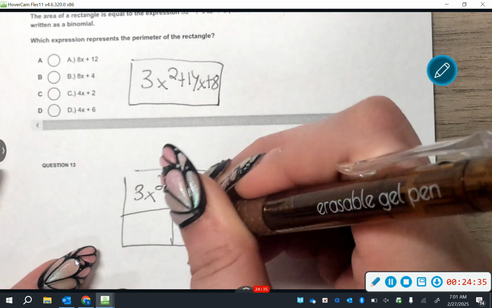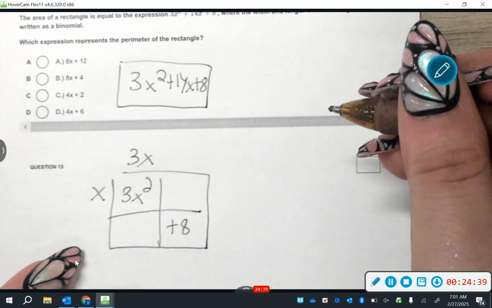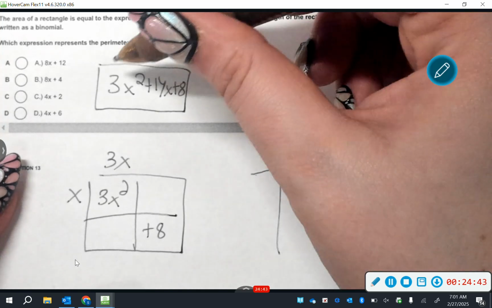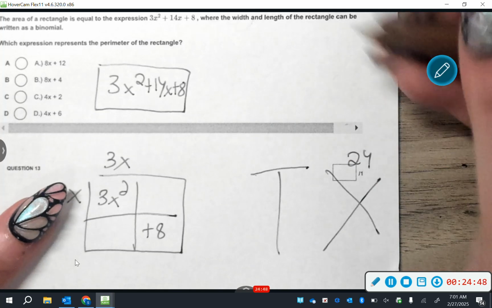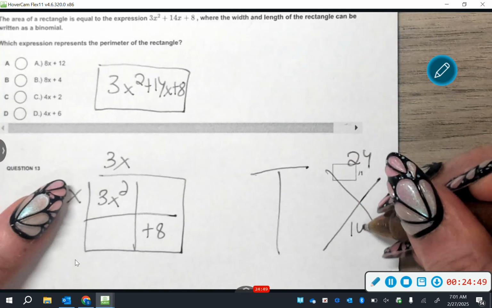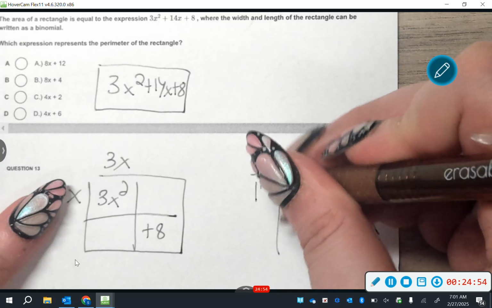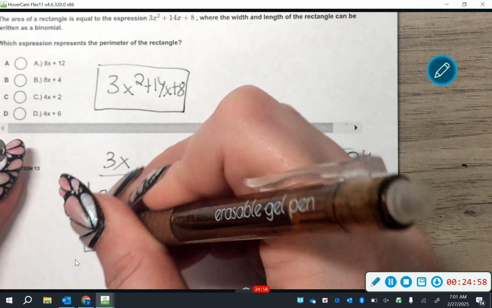3x squared plus 8. We got 3x and x. Let me put my tx just because these are smaller numbers. 3 times 8 is 24. And then we're trying to get them to add up to 14. Factors of 24 that add up to 14 are 12 and 2. 12x, 2x.